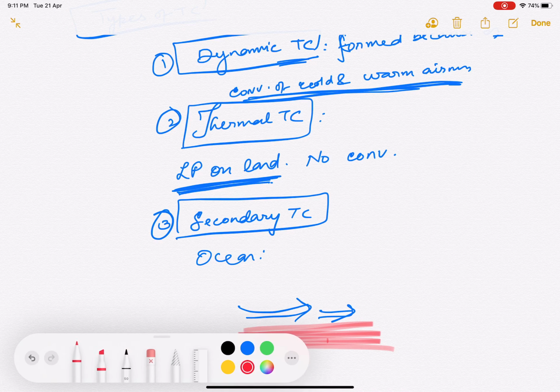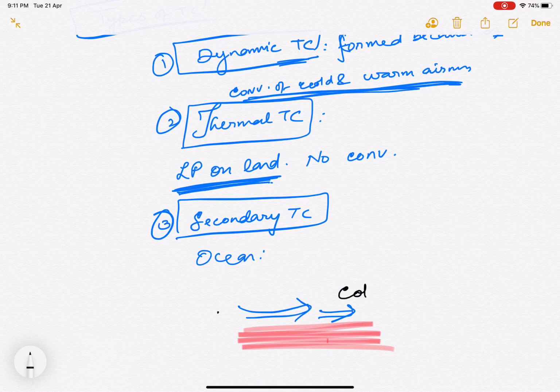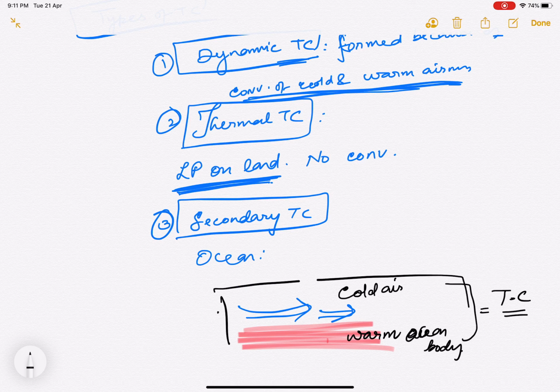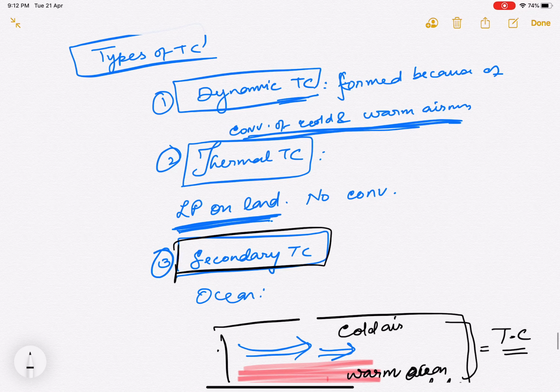We have cold air, and then this is the warm ocean, resulting in the temperate cyclone. So cold air mass moving over the warm ocean body results in the secondary temperate cyclone. These are the three types of temperate cyclone.